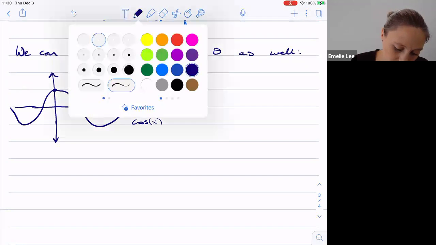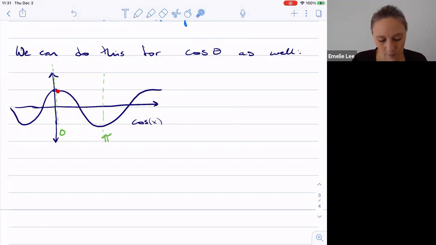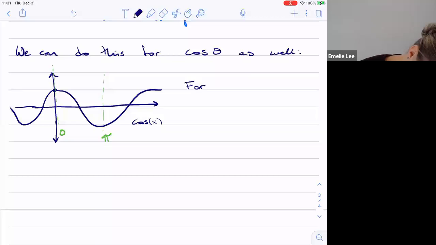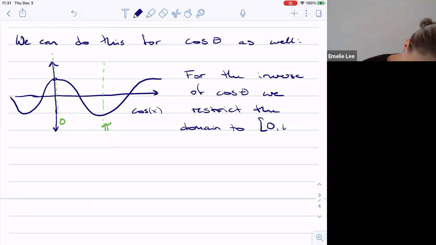So we restrict our domain, but we actually restrict it from 0 to pi, because here I'm able to see all the different possible values of y, and it's one-to-one here. So for the inverse of cos theta, we restrict the domain to 0 to pi instead.